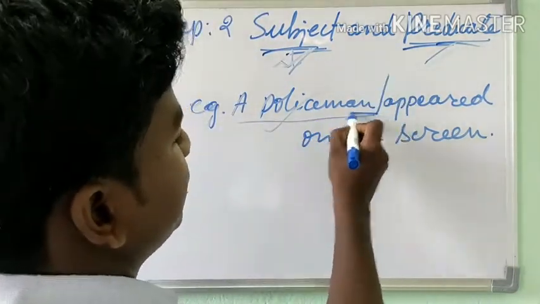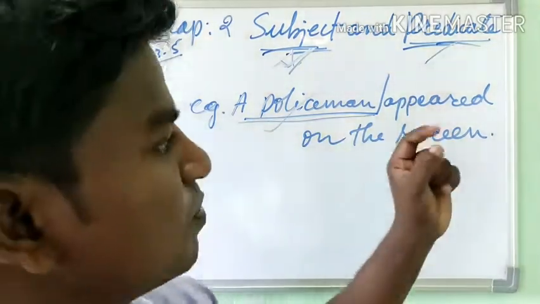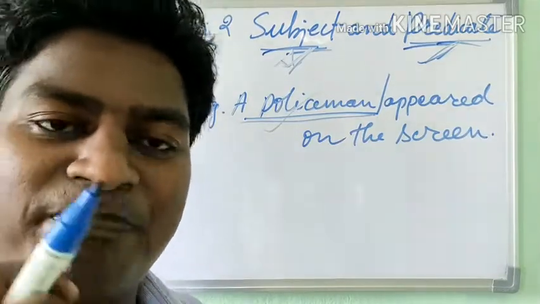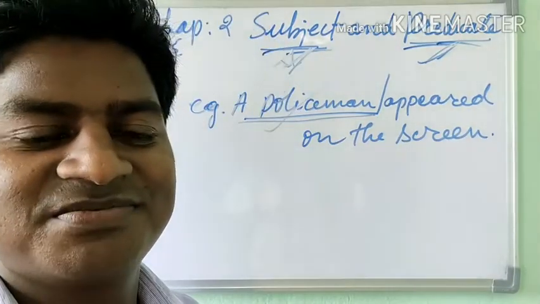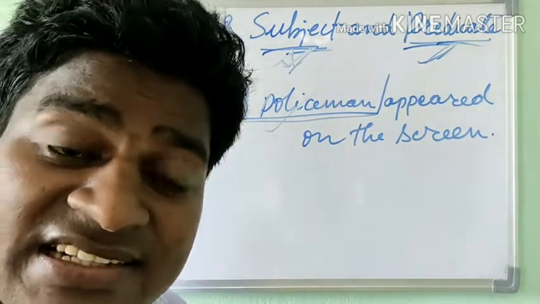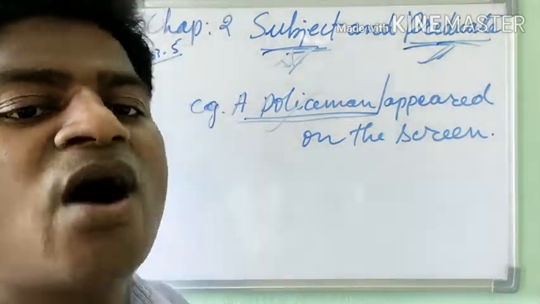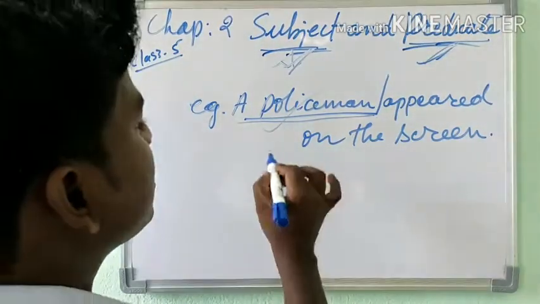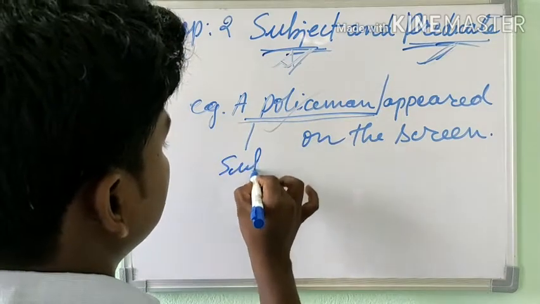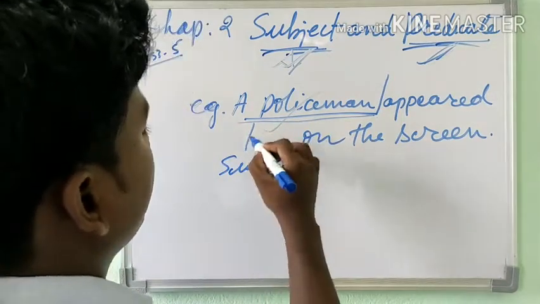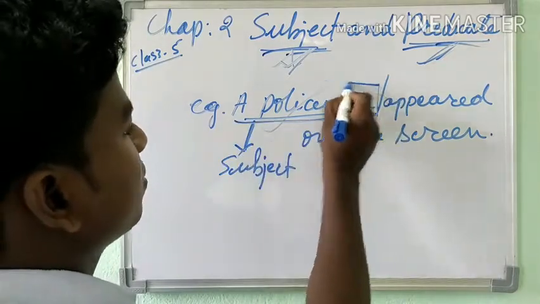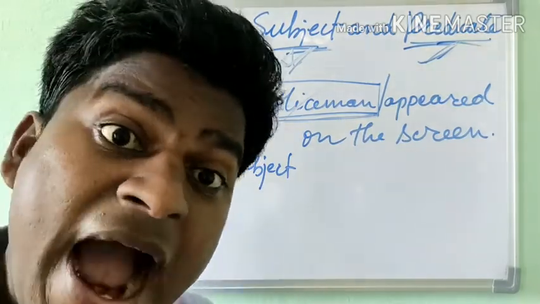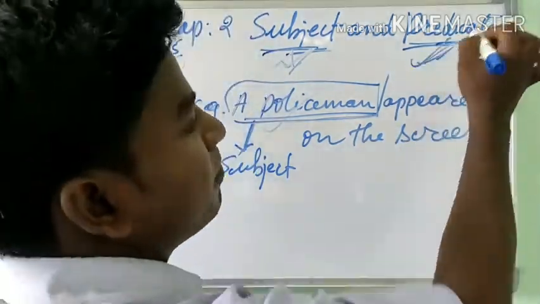Clear? So till here. Now what is predicate? Predicate is the part of a sentence that tells us something about the subject. Now this is already subject. Now we are learning predicate.